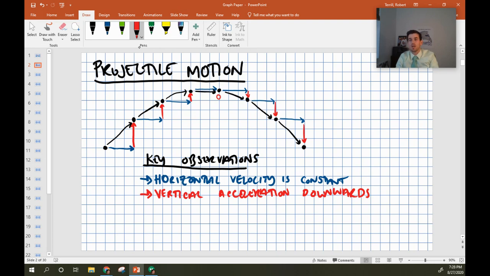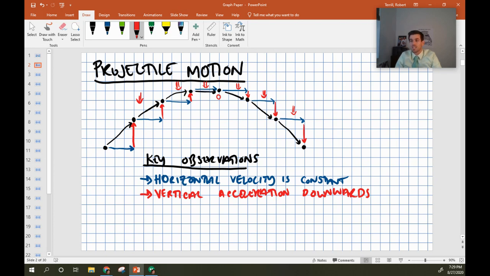But it goes from 3 units to 2 units, a change of 1 downwards, 2 to 1, a change of 1 downwards, from 1 to 0, 0 to -1, -1 to -2, and -2 to -3, each a change of 1 downwards. So we always have that vertical acceleration downwards.